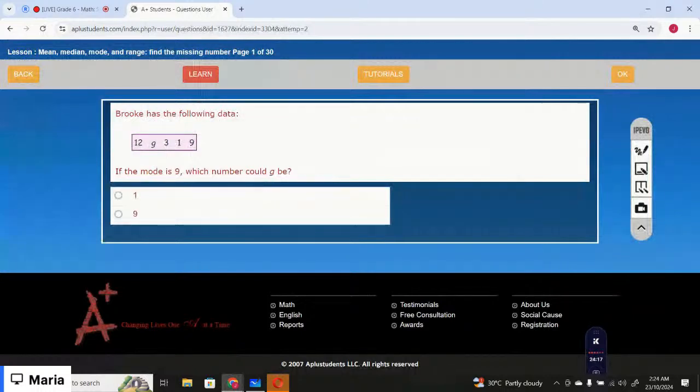Brooke has the following data: 12, G, 3, 1 and 9. You are given the mode is 9, right?